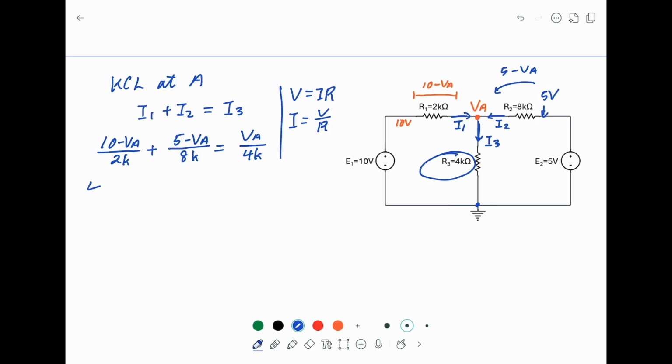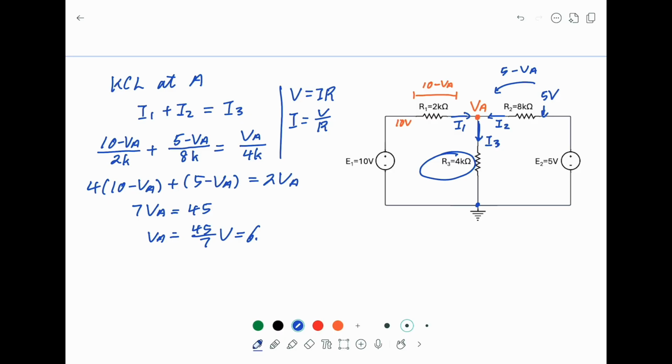So this becomes 4 times (10 minus VA) plus (5 minus VA), equal to 2VA. After we expand and rearrange, you should get 7VA equal to 45. So VA equals 45 divided by 7 volt, or 6.429 volt.